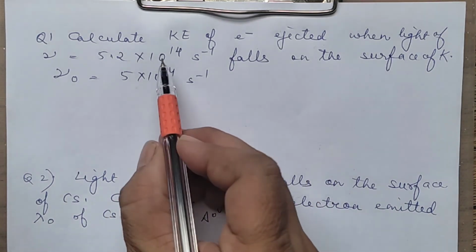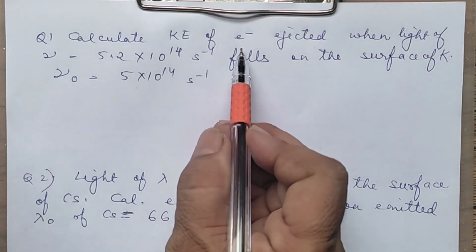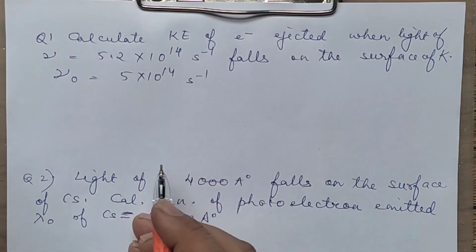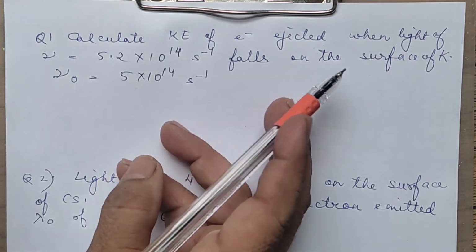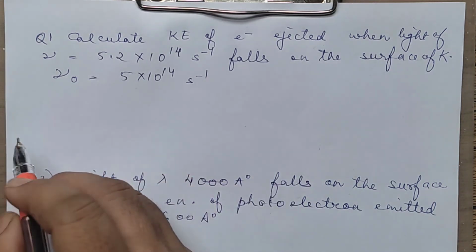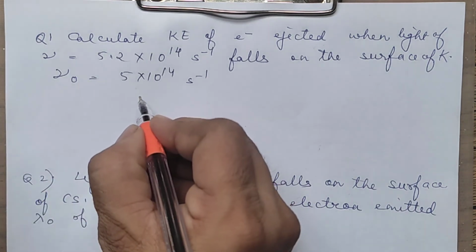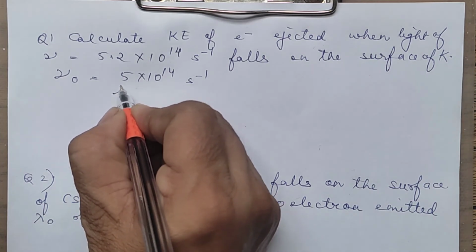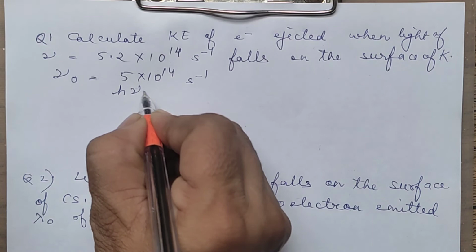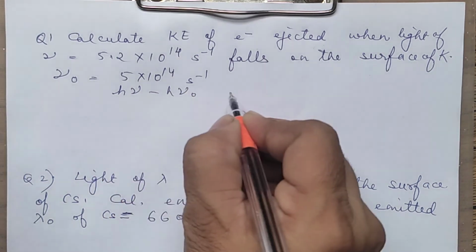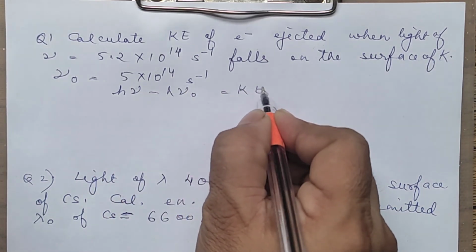Now let's do one or two numericals based on the photoelectric effect. The question says: calculate the kinetic energy of the electron ejected when light of a given frequency falls on the surface of a metal, and the threshold frequency is given. We use the formula h nu minus h nu naught is equal to kinetic energy.